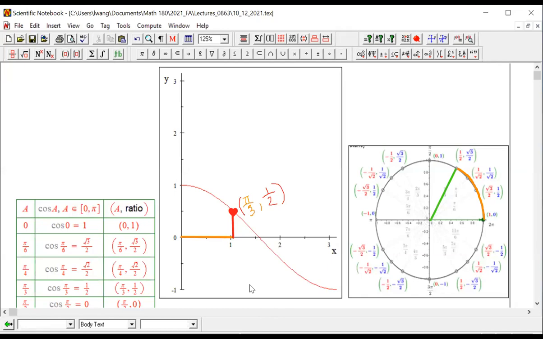Professor, question. Is it possible we make a label for the x-axis? The unit of the x-axis is in radians: 1 radian, 2 radians, 3 radians. We can. In that case, I have to invoke another software, which is the decimals. But for this software, no. This software cannot do that.